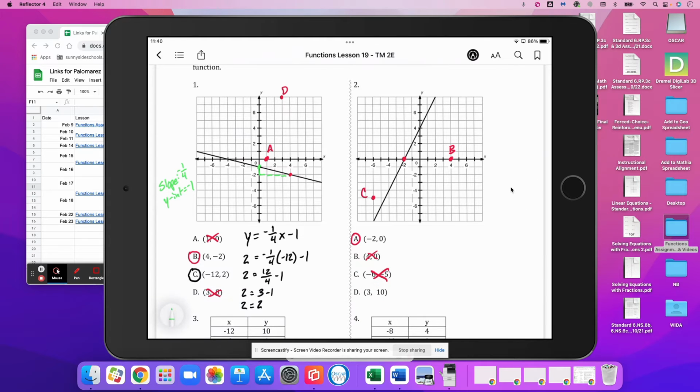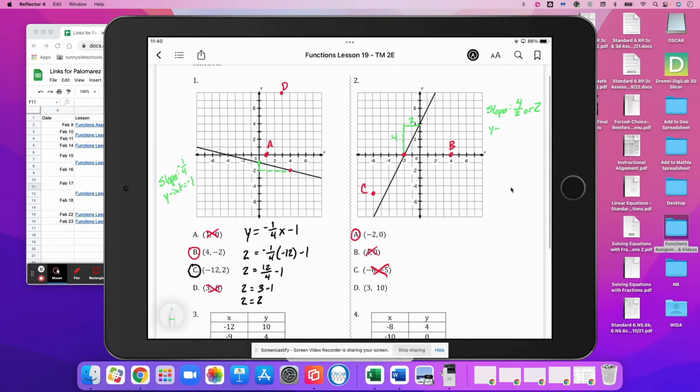And so we can see that our slope is 1, 2, 3, 4 up and over 2. So our slope is 4/2, or 2. And our y-intercept is 4.